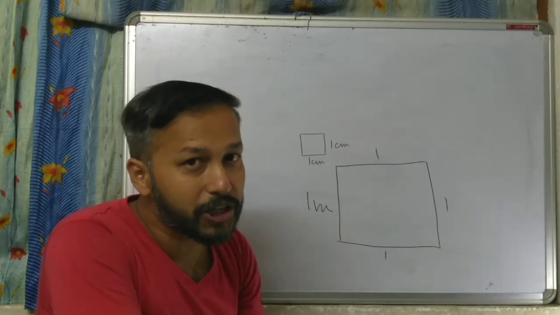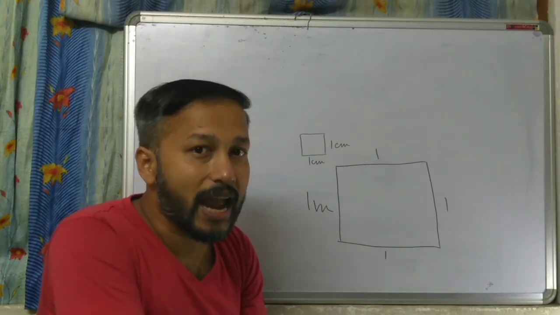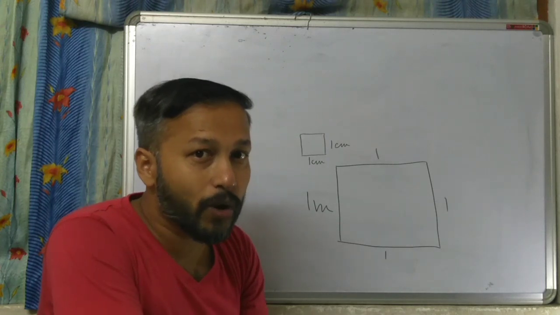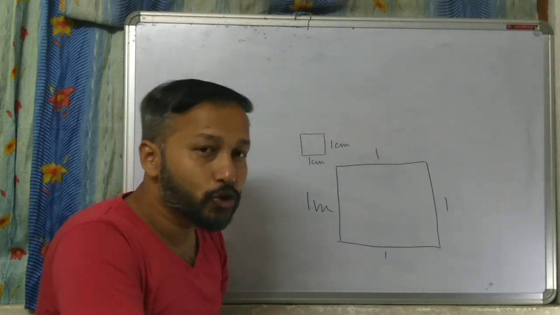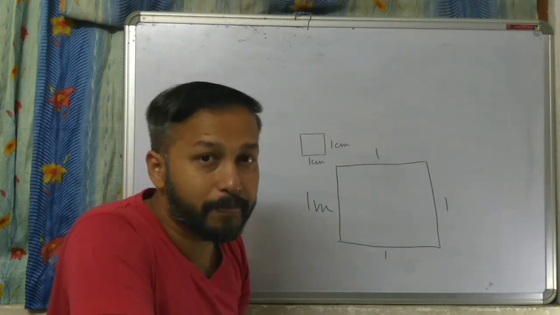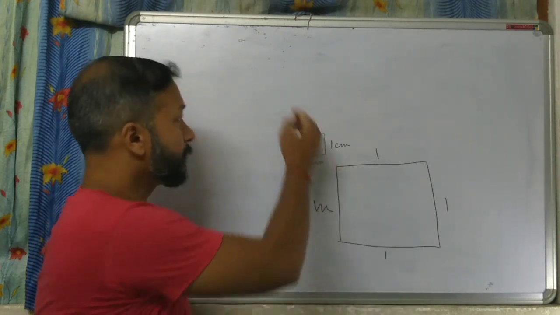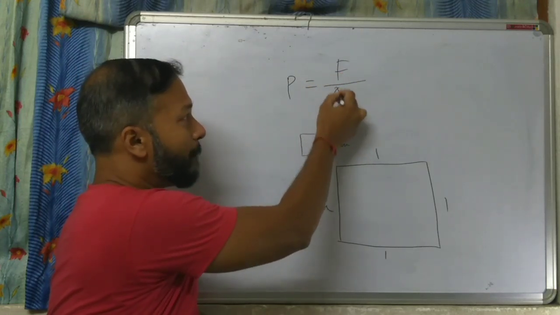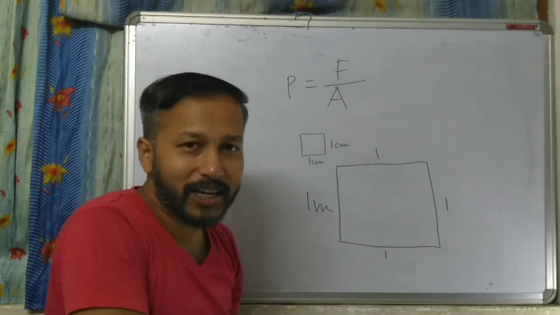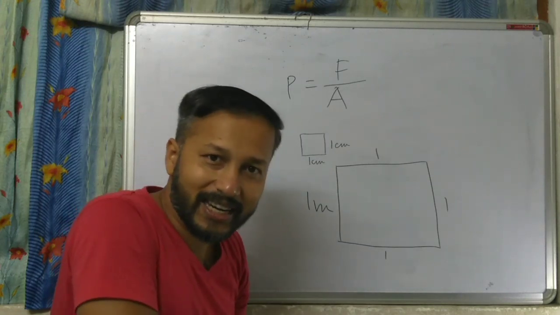Now what is called pressure? Pressure is the amount of force which you are applying per unit area. So from the definition of pressure, I can write that pressure equal to amount of force you are applying per unit area. So pressure equal to force by area.